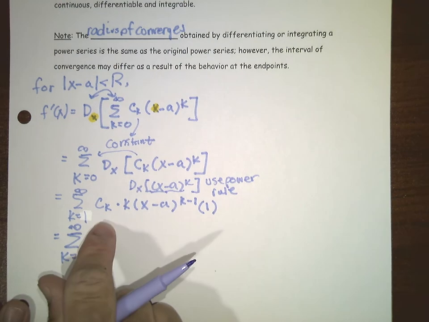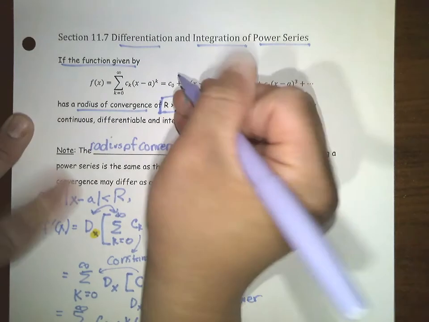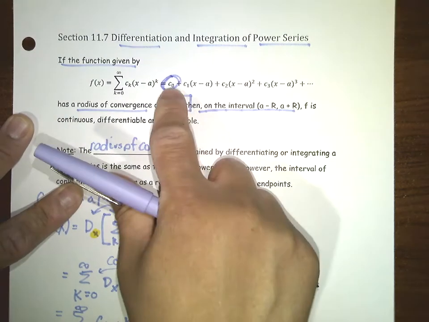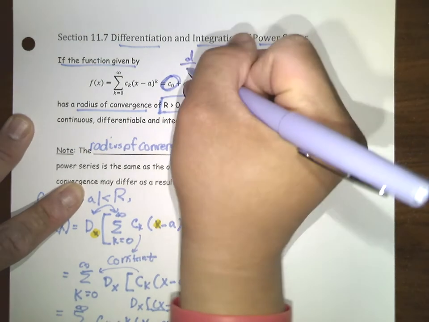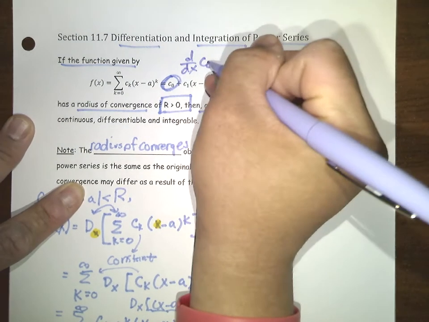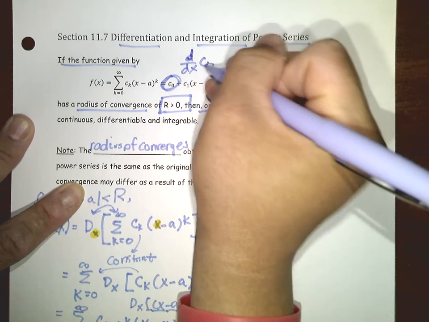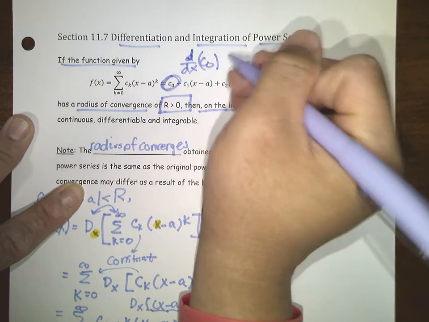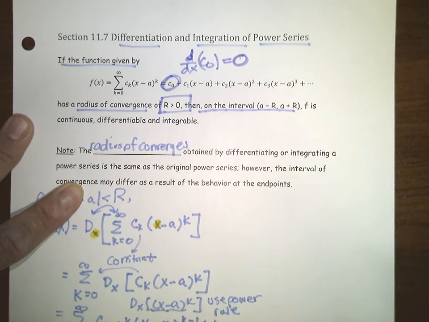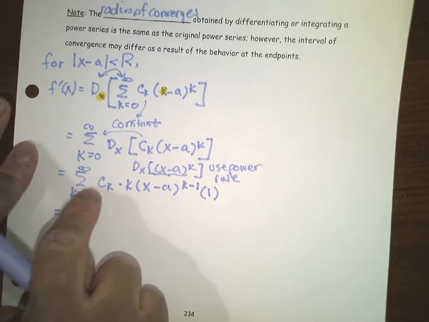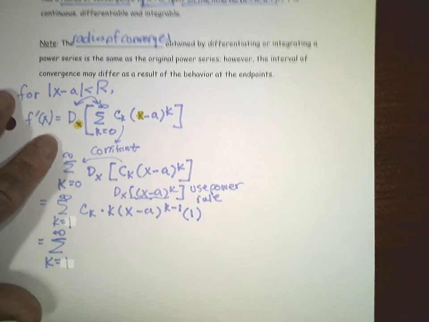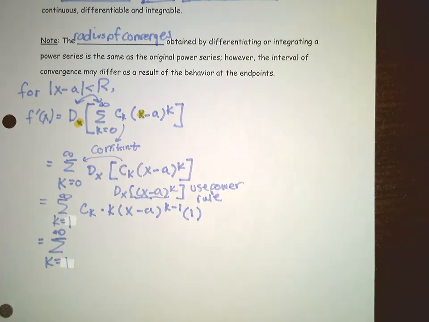Here's why this can start at 1: this first term was a constant, right? So when you take the derivative with respect to x, the derivative of c0 will be 0. So I can actually start at the first term here. Try to remember that as well.